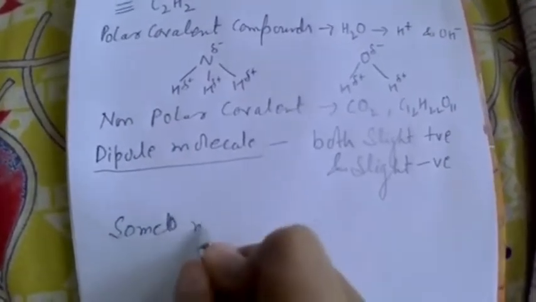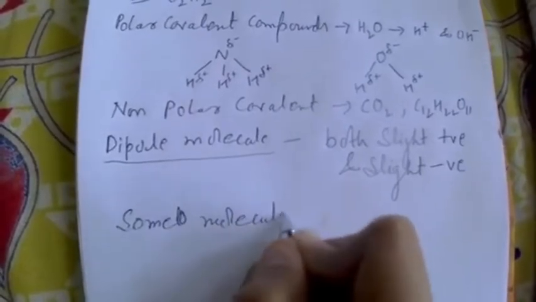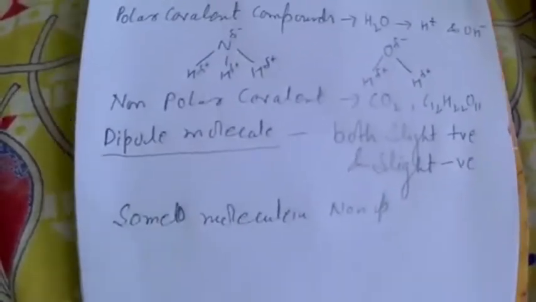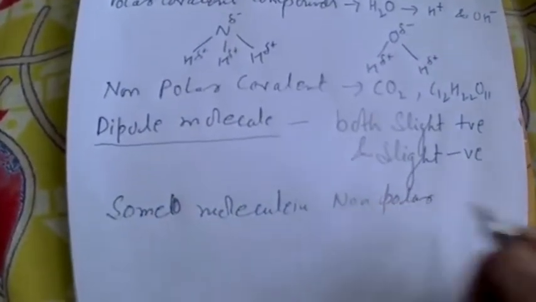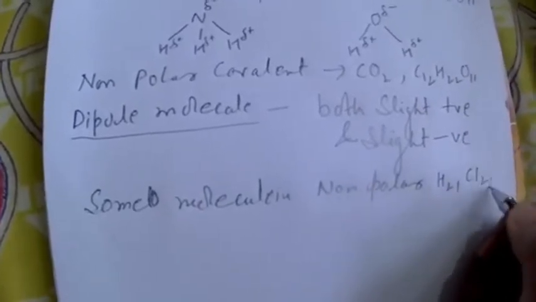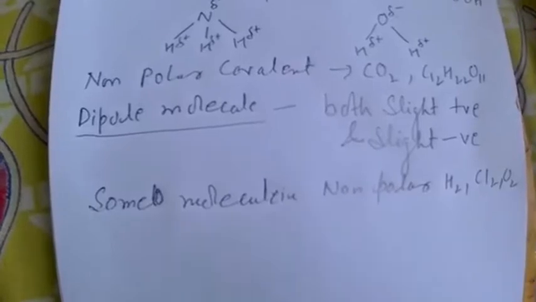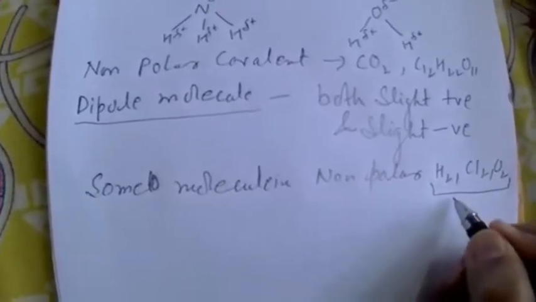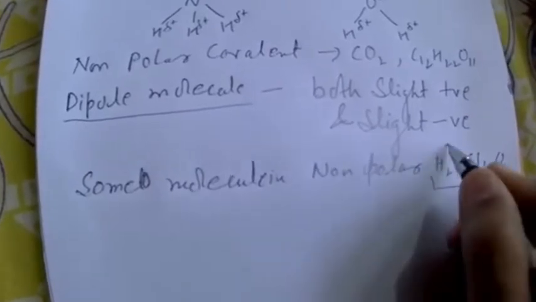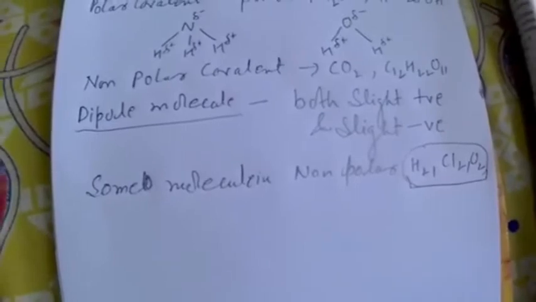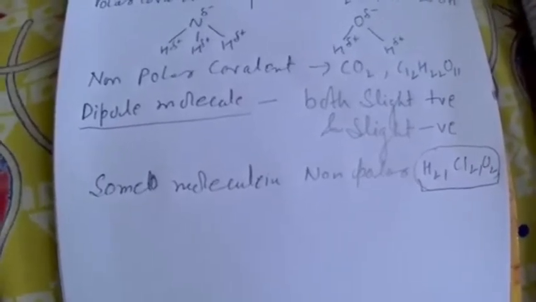Some molecules in non-polar are like H2, Cl2, O2. These are perfectly non-polar compounds. Perfectly means they can never conduct electricity. Understood? Okay.